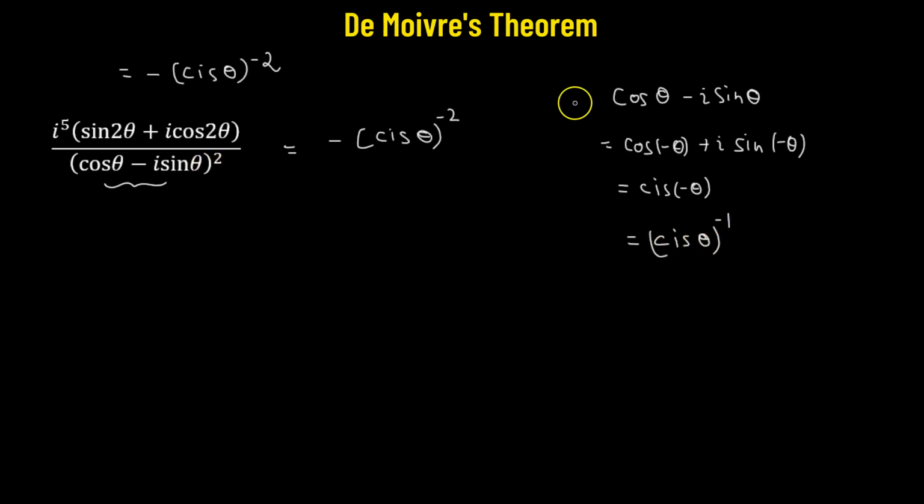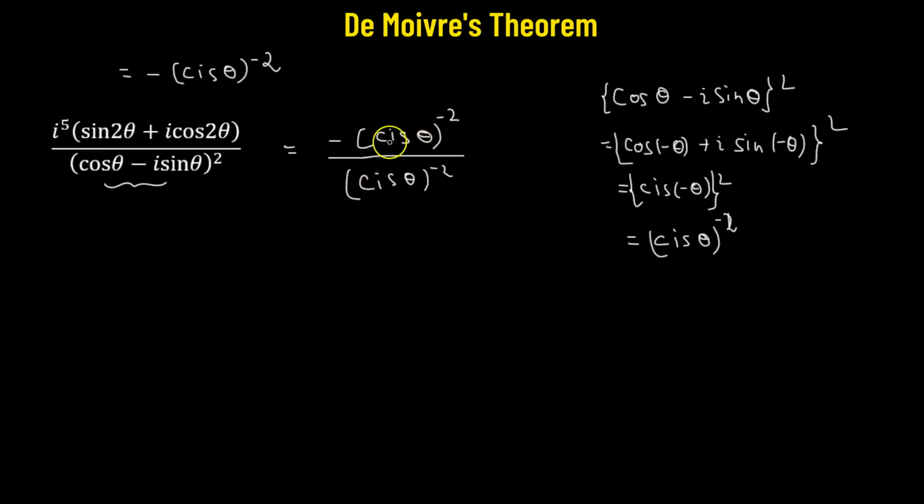We also have the whole thing squared here, so this becomes cis of theta raised to the power of -2. So we have negative cis of theta raised to the power of -2 divided by cis of theta raised to the power of -2. The numerator and the denominator cancel completely, leaving us with a value of -1. Hence, the simplified value of this expression is -1.